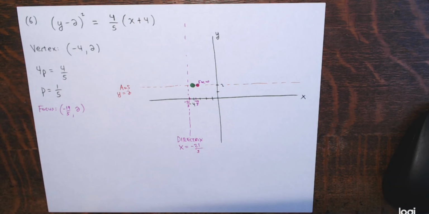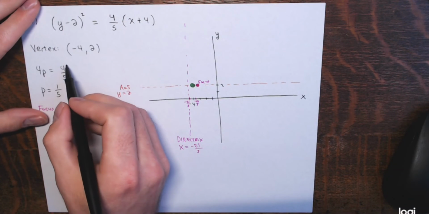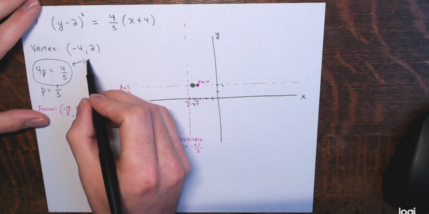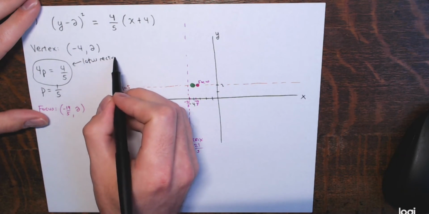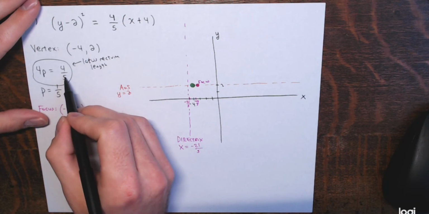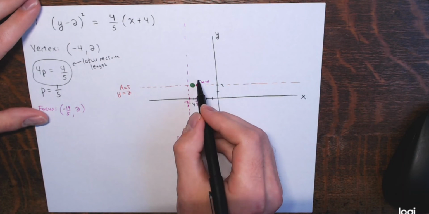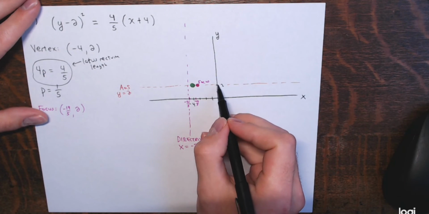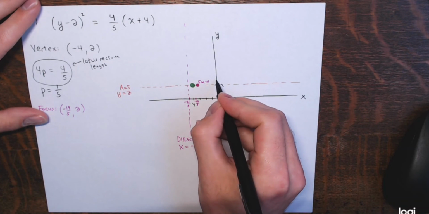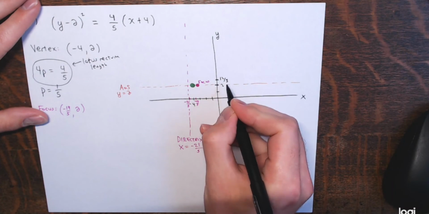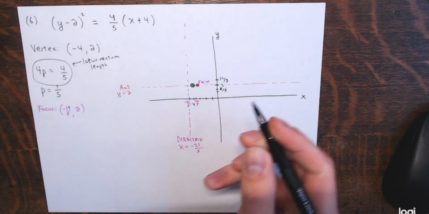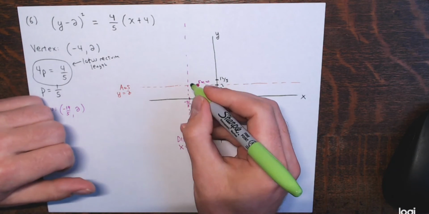Again, the 4p is the latus rectum length, the absolute value of 4p, but it's already positive. Cut that in half is 2/5, and the latus rectum will be vertical. 2 is the same thing as 10/5. I go up 2/5 to 12/5, down 2/5 to 8/5, and there are the points on the ends of the latus rectum.